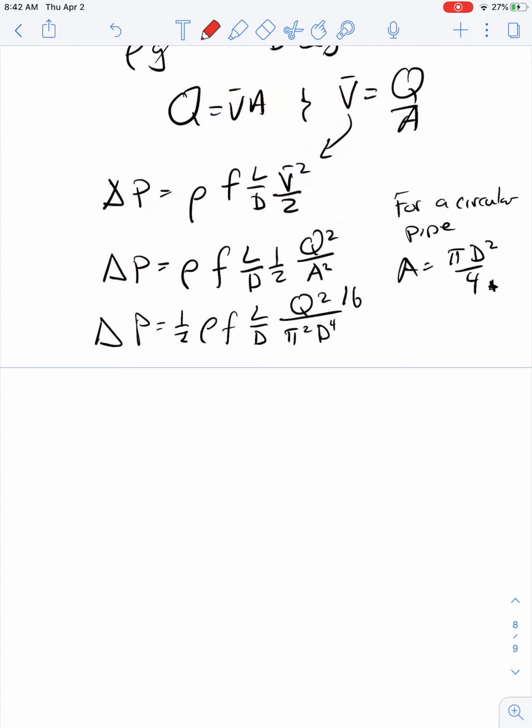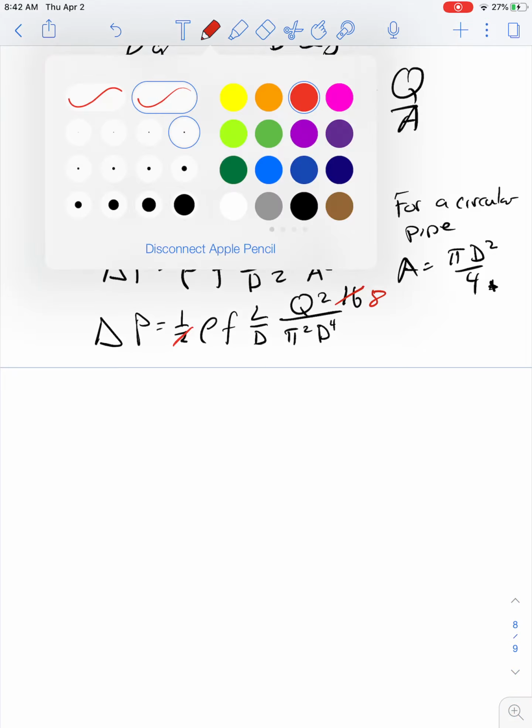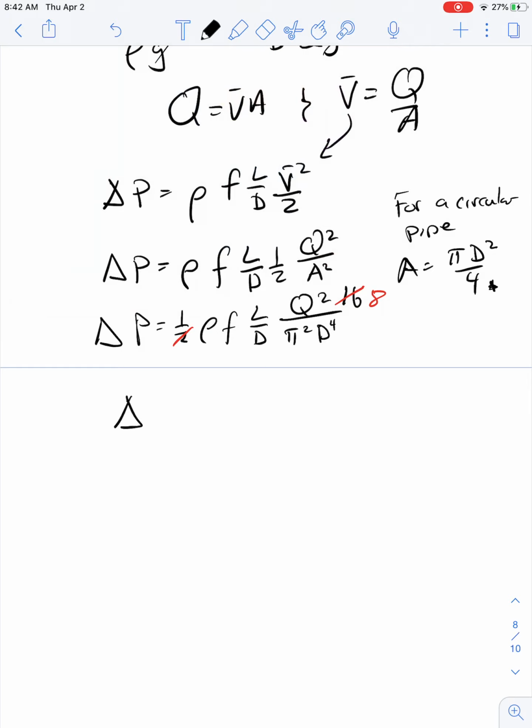Then we can cancel out the 16 with the 2, and that becomes 8, and our delta P-Q relationship here is delta P is simply 8 times rho f L over D, and then we have the Q squared divided by d to the 4th times pi squared.